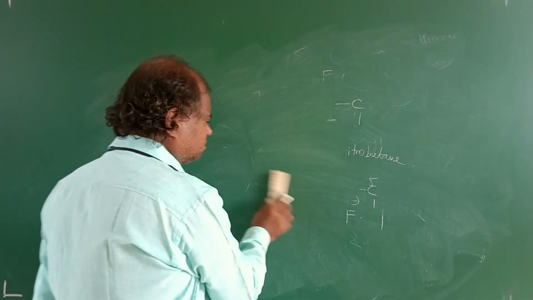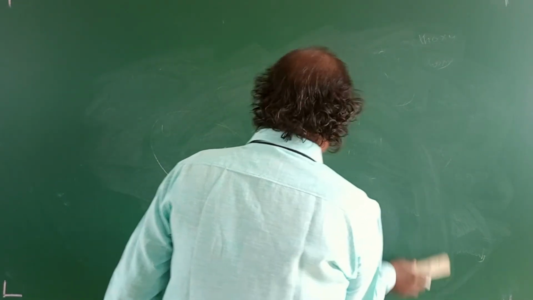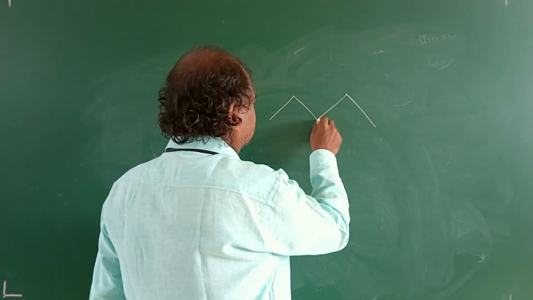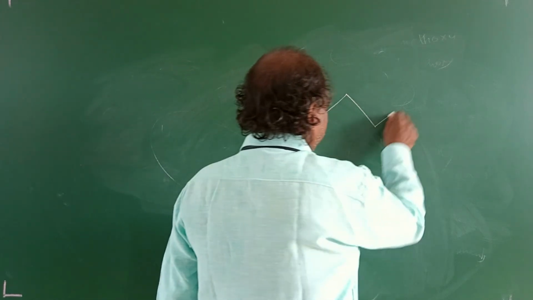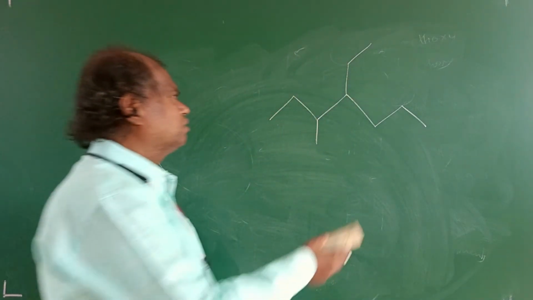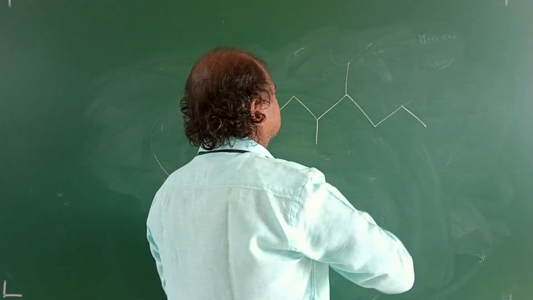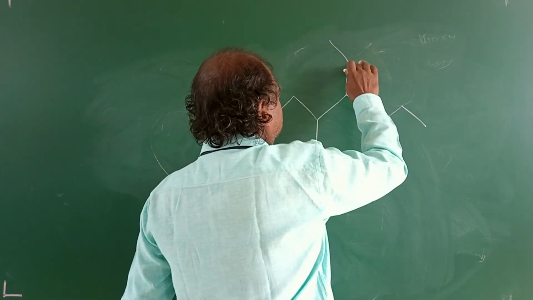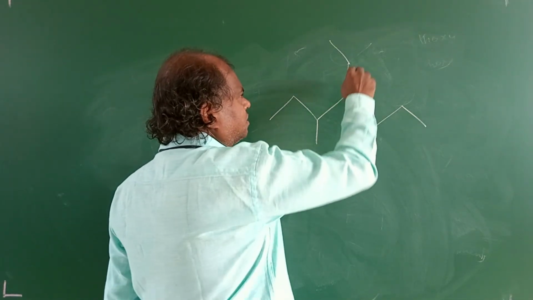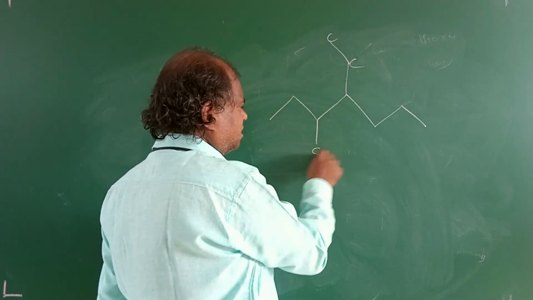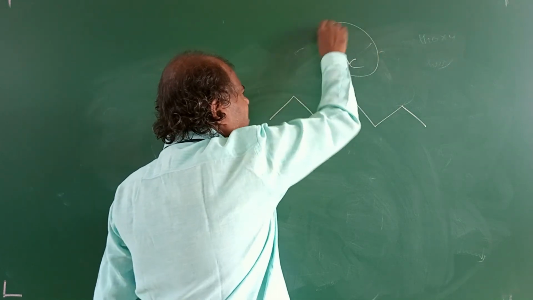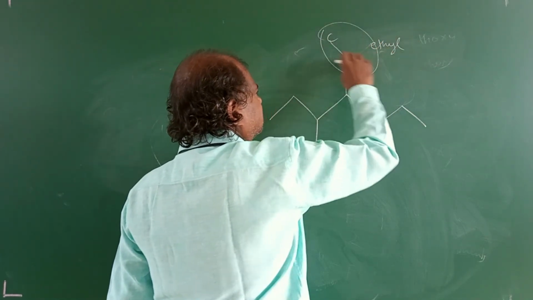Let's take some more examples now. Now let us take this type of drawing. You can draw this way also. Now here, if you see this, there's a carbon here, a carbon here, a carbon here, right? Just see very carefully. This whole thing is called ethyl.